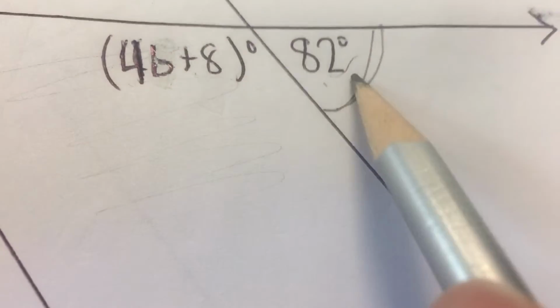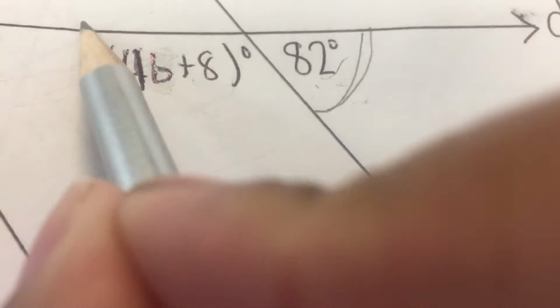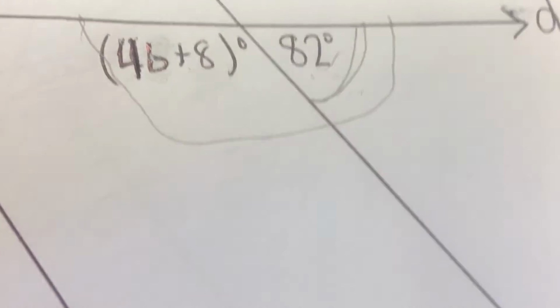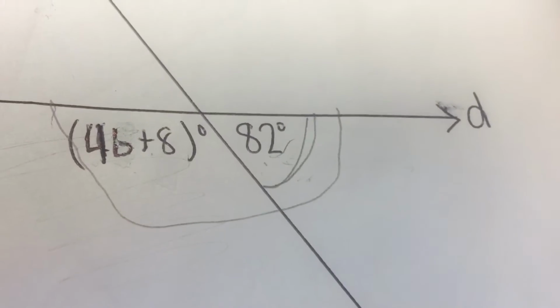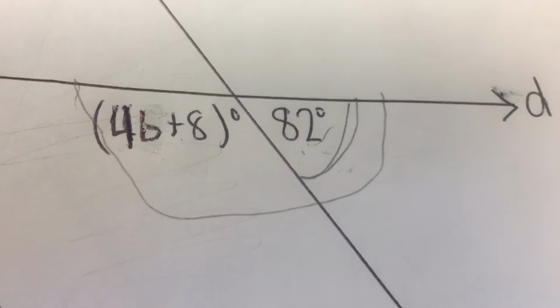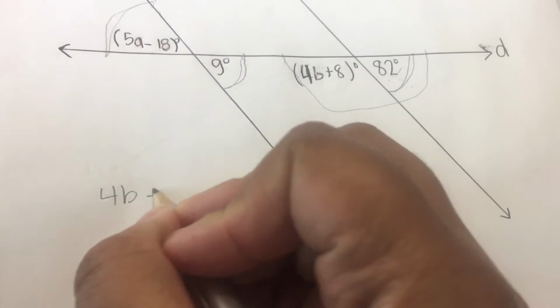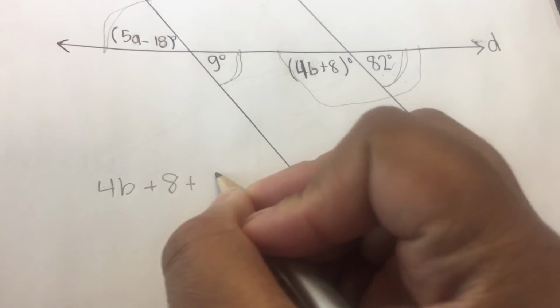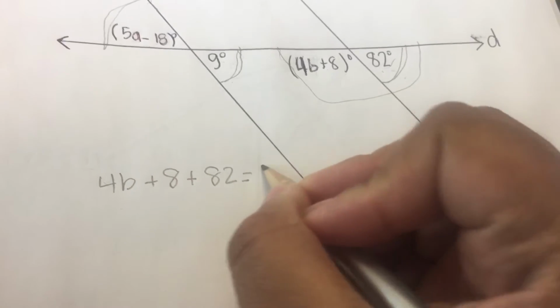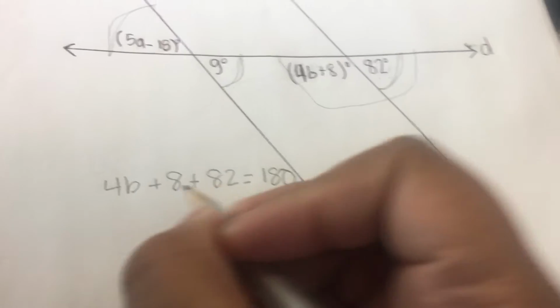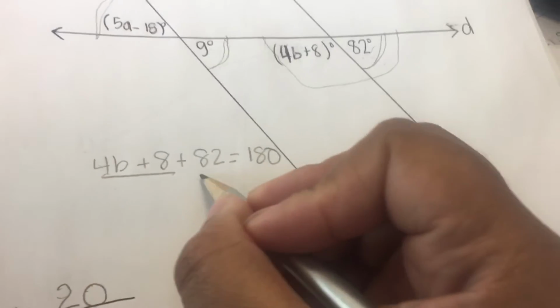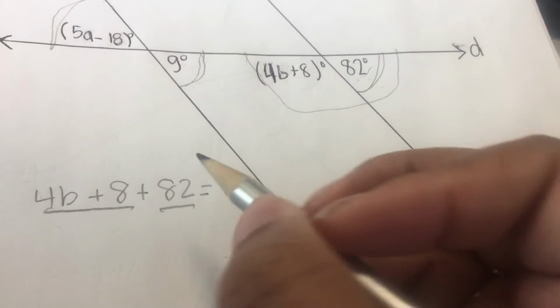The next angles I have to look at are these two angles. They're not equal to each other, but they're a linear pair. They're on line D, so together they're going to be equal to 180 degrees. So I can say that 4B plus 8 plus 82 equals 180 degrees, because this angle plus this angle are supplementary angles.